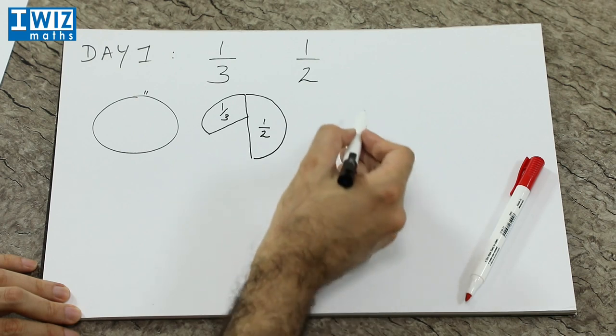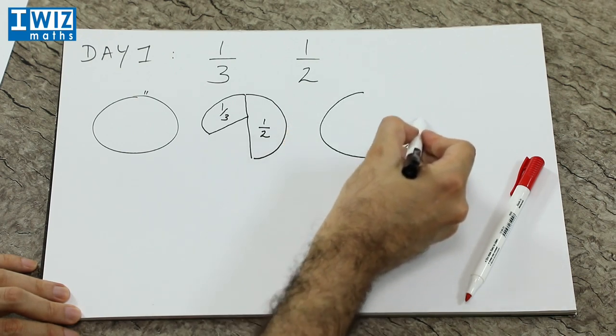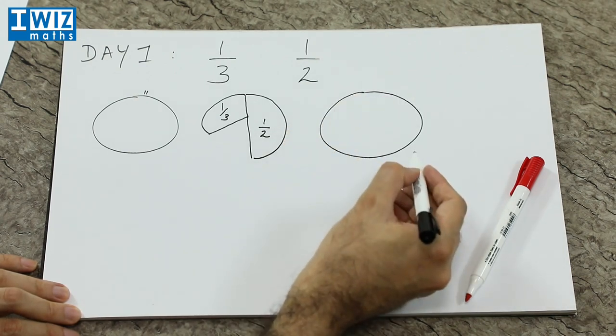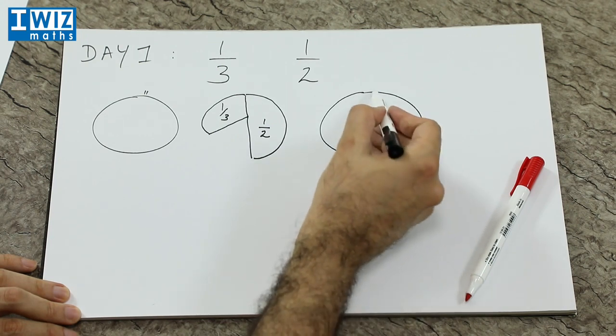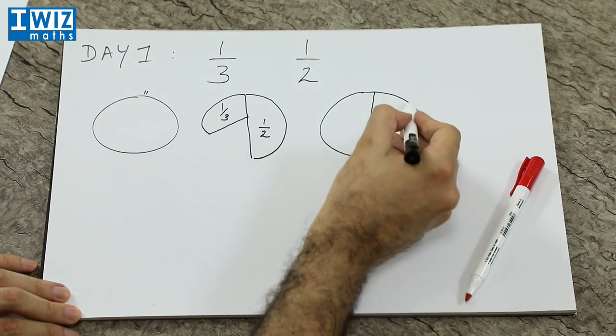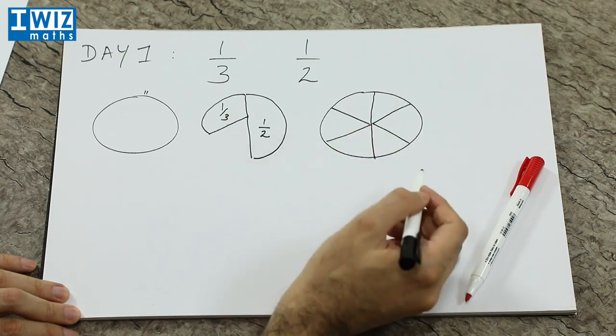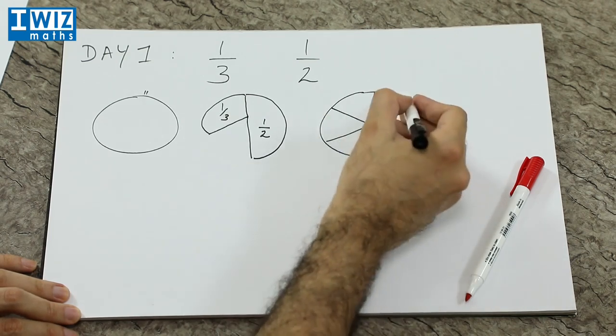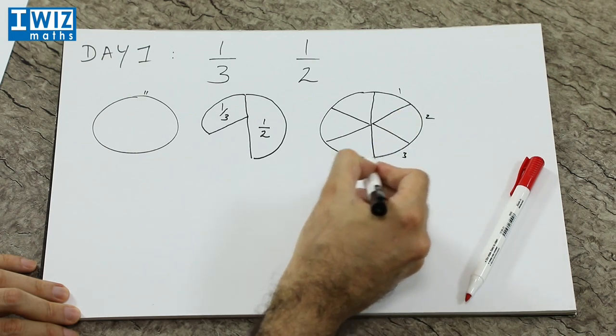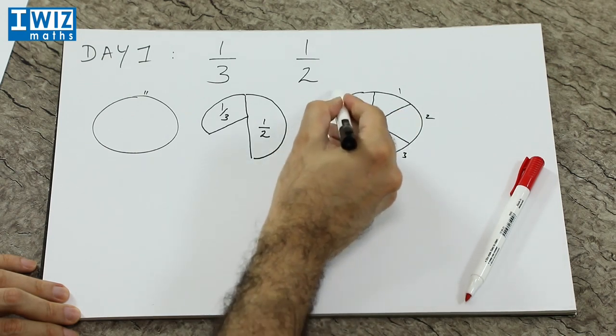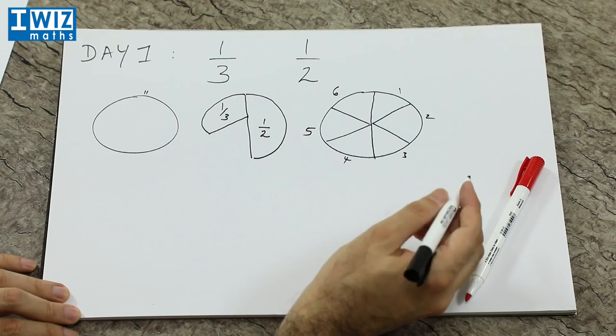Now let's take the apple and break it up into 6 equal parts, approximately that. And let's label these parts: 1, 2, 3, 4, 5, and 6.